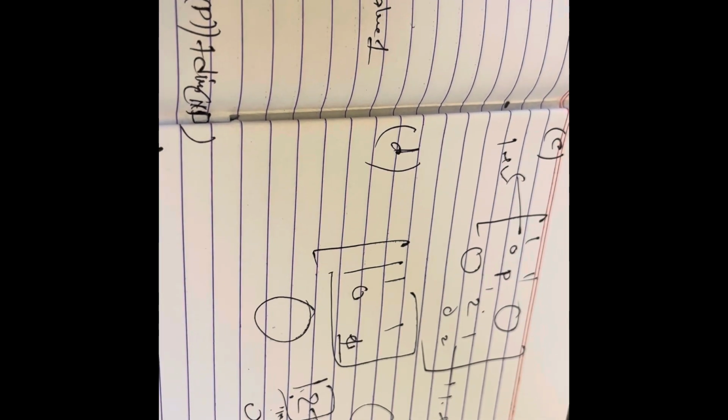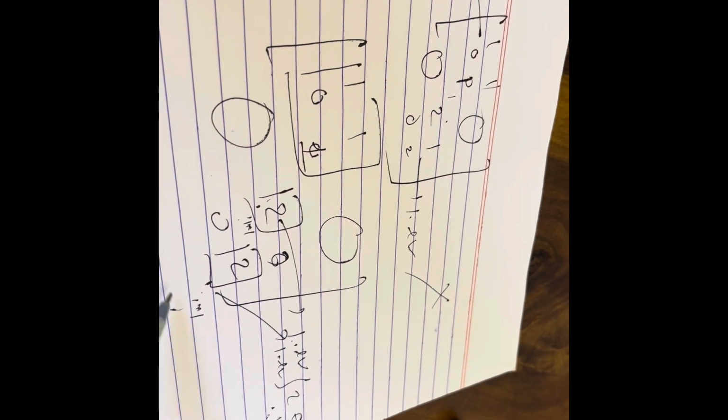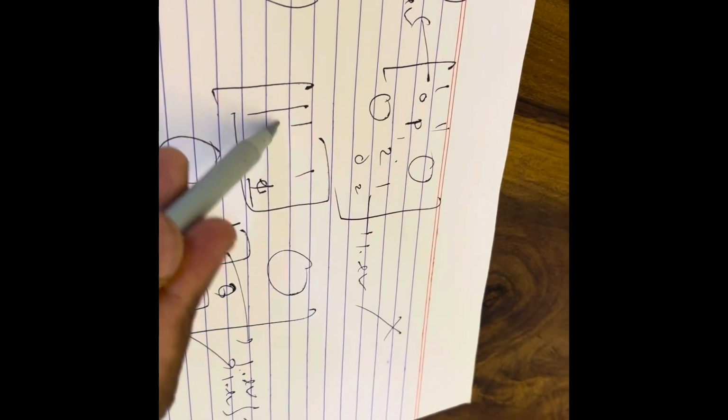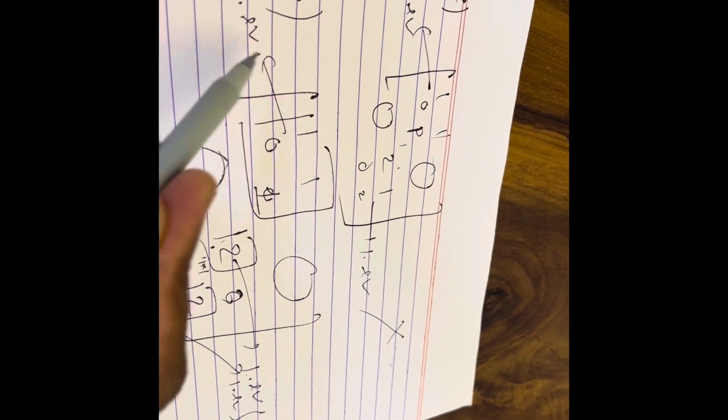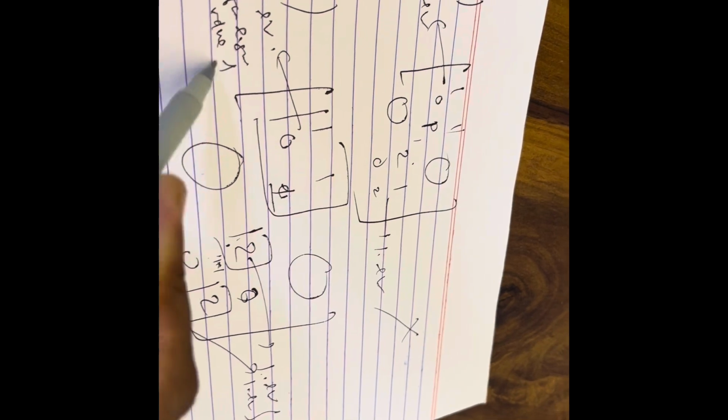So one eigenvector from here and one from here, a total of 2 eigenvectors for eigenvalue 2, and you have one eigenvector here for eigenvalue 1.